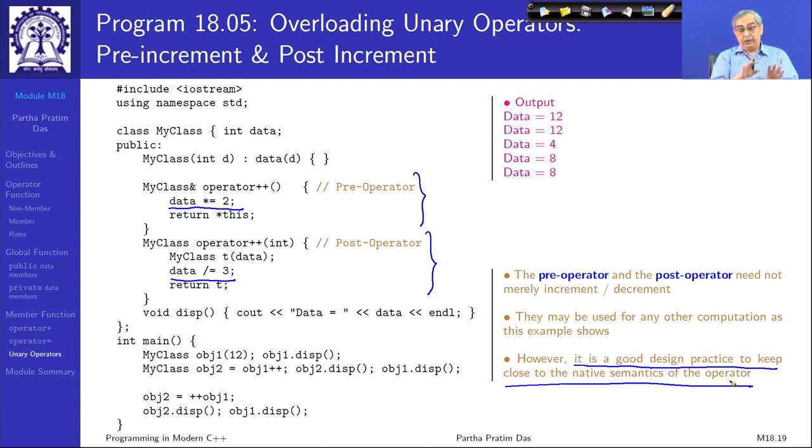But programming wise it is possible to do this, design wise you may be more choosy. If I do this for my complex type, I have complex C and then I write plus plus C, anybody who reads the code would instinctively think that this is incrementing the complex number, but you are actually maybe doubling the components or doing something else.